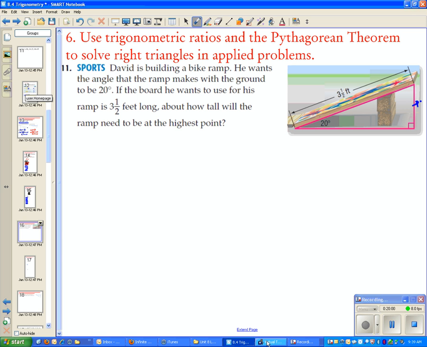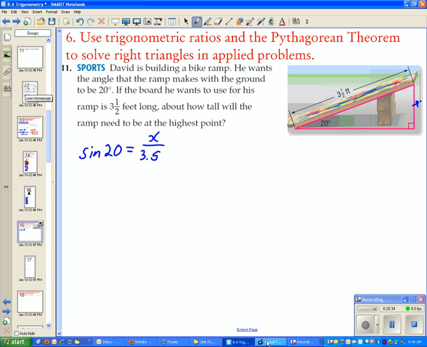You following me? All right. Well, we can do that. All right, so let's do this. We can say, should I use sine, cosine, or tangent? Sine. We can say that the sine of 20 equals opposite over hypotenuse. Oh, this is just like we were doing yesterday, isn't it?